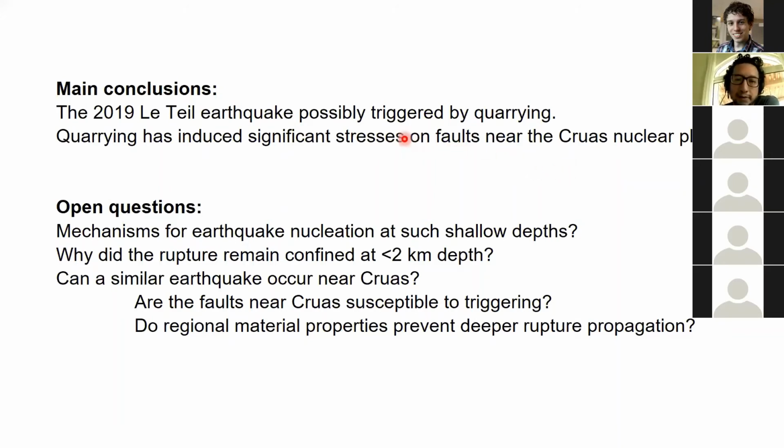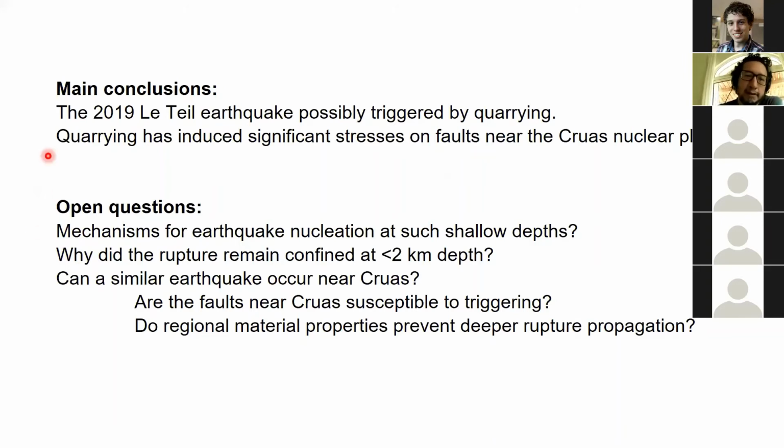For example, uncertainties about those faults that are close to the nuclear plant. They are not well-studied faults, and we don't know how active they are. We don't know exactly what their dipping angle, the geometry, is. But also more fundamentally, there are open questions about how an earthquake can nucleate at such a shallow depth.